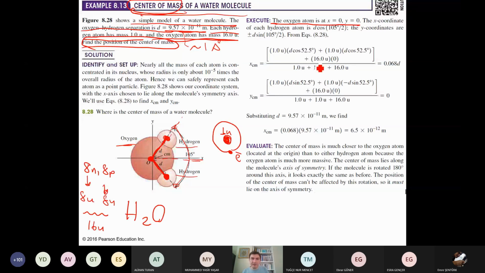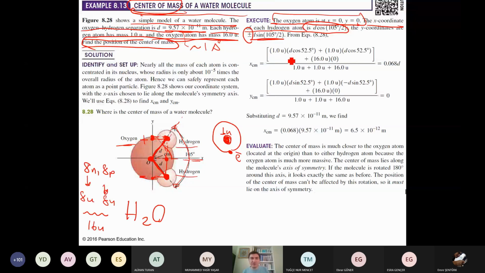And I am calculating the position of the hydrogen atom here, x hydrogen, which is given by d times cosine of this angle. And for the y coordinate, you can use the sine of the angle. Here we have positive and here we have minus.